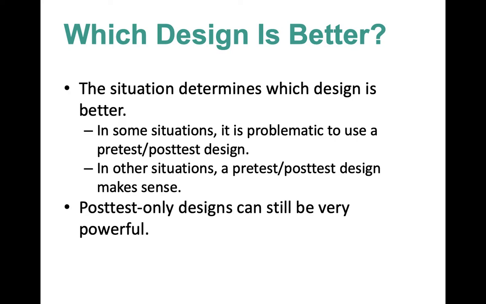So in some cases, it's just not practical or ideal. So eating and having people do exercise, even having people do cognitive stuff, if the pretest and the post-test are not spaced that far apart, then people can get tired or fatigued by doing the pretest first.